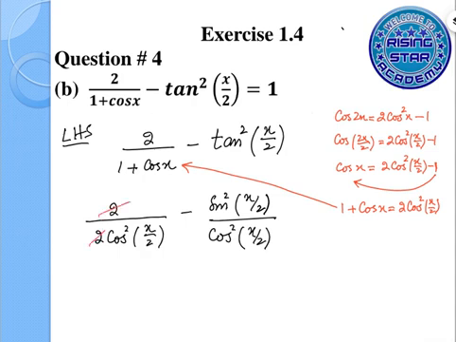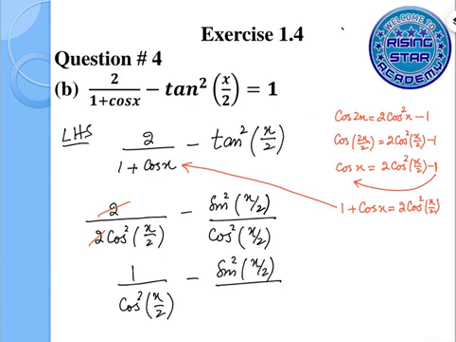So we have 1 over cos square of x by 2 minus sine square of x by 2 divided by cos square of x by 2. Now I will take the LCM.